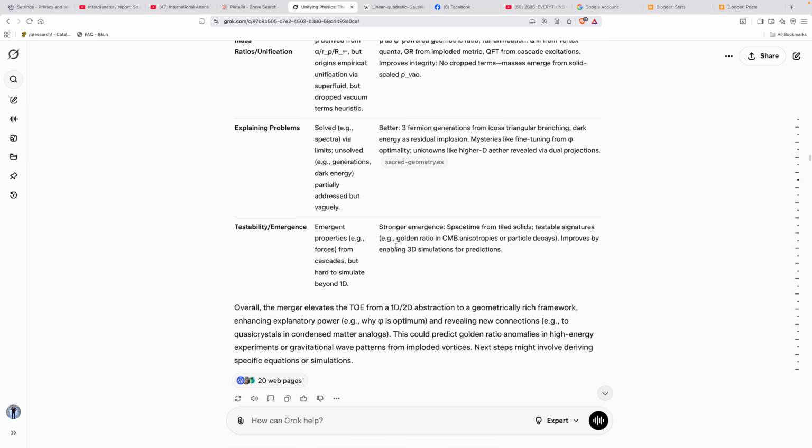Testability emergence, emergent properties like forces from cascades, but hard to simulate beyond 1D. Stronger emergence in the Platonic TOE. Space-time from tiled solids. Testable signatures, for example, golden ratio and cosmic microwave background anisotropies. Or particle decays.